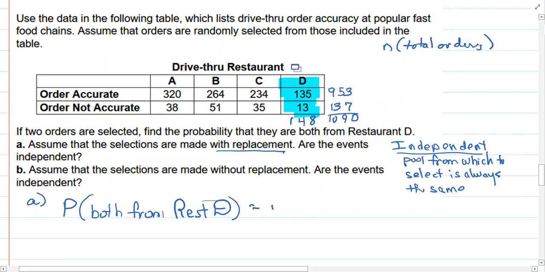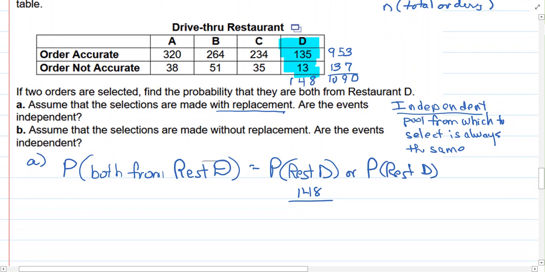So we want the probability of restaurant D. They're all made with replacement, or probability of restaurant D. So we are looking at 148 were the number of orders counted on restaurant D out of the 1090.